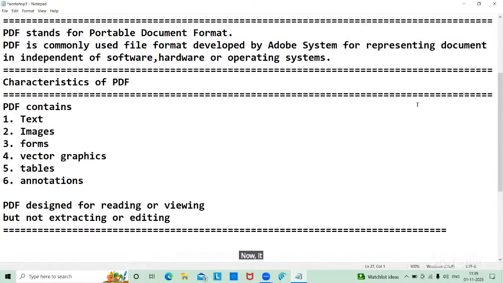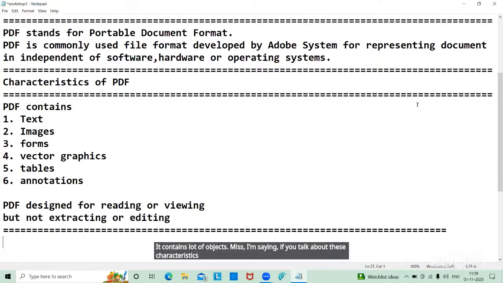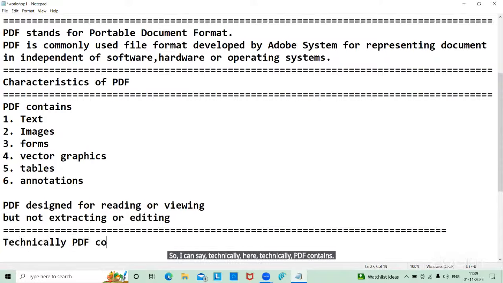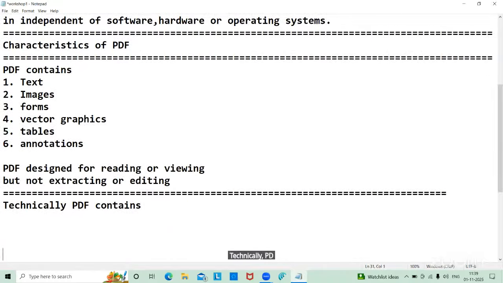Now, this PDF contains a lot of objects. If you talk about these characteristics in detail, you can call them the insights of a PDF.